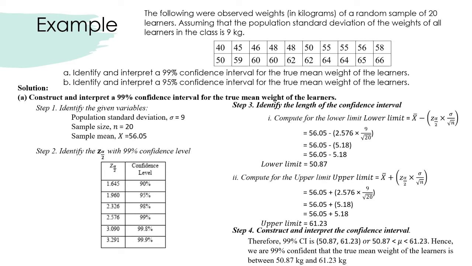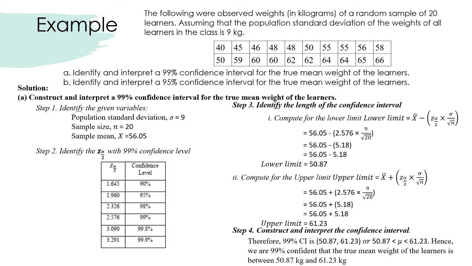Step 3. Let's identify the length of the confidence interval. First is to compute for the lower limit, having a formula of x bar minus quantity of z sub alpha half multiplied to sigma divided by the square root of n. Since we have our value of x bar, our z alpha half, and sigma and n, let's substitute that in the given.